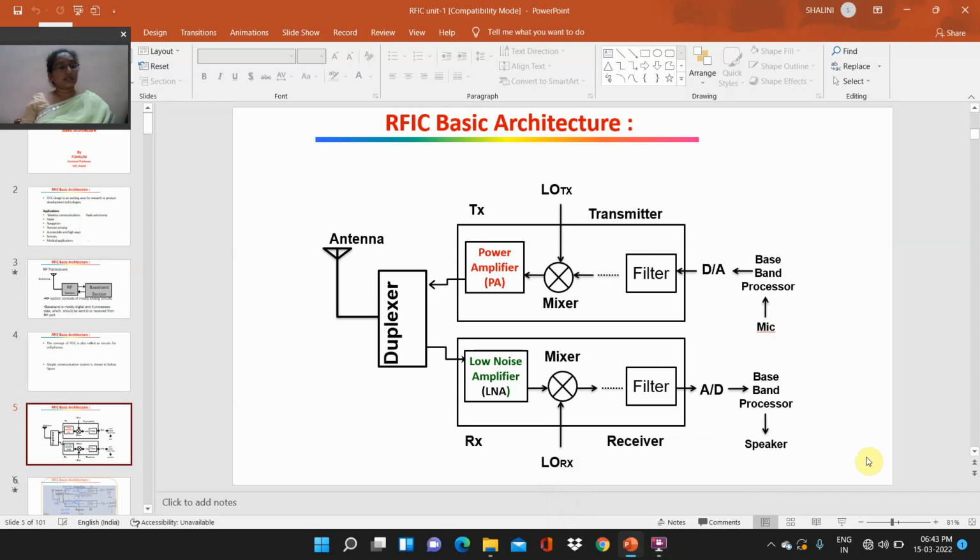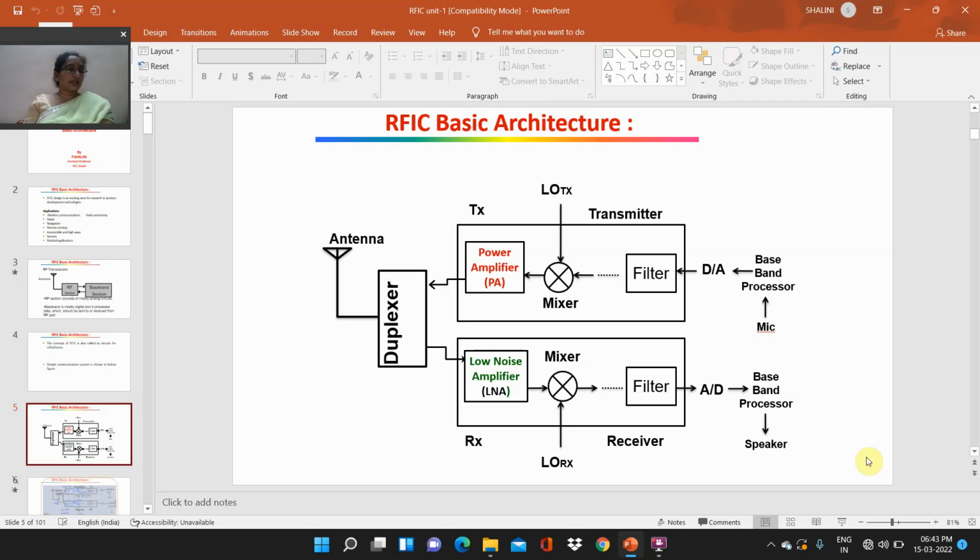In the receiver section a very tiny signal is detected. The tiny signal will be amplified in the low noise amplifier, and then sent to the mixer. In the mixer the signal is mixed with the receiver local oscillator frequencies, and here the down conversion is possible.